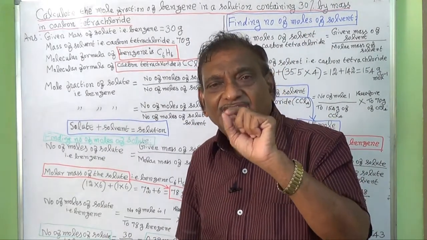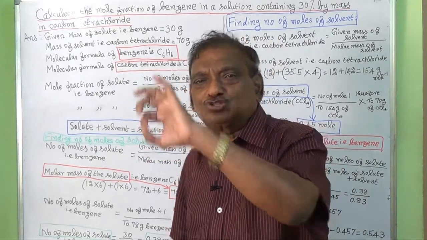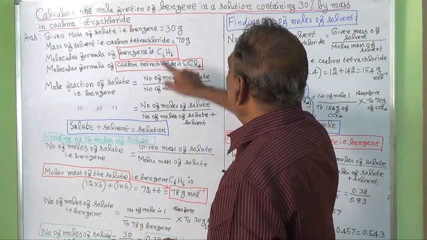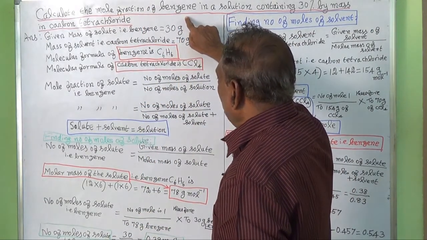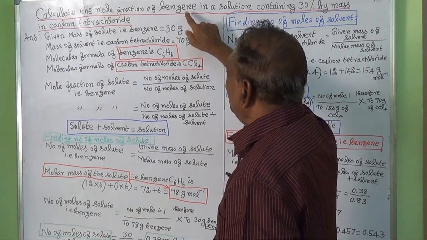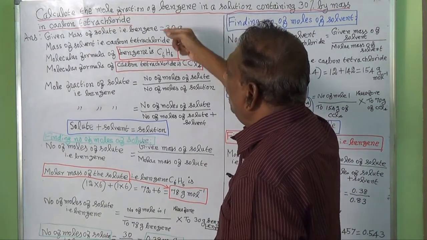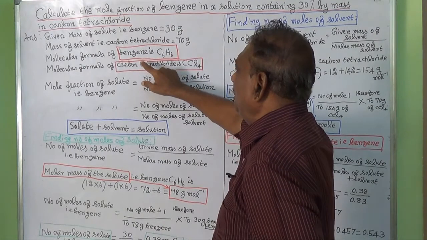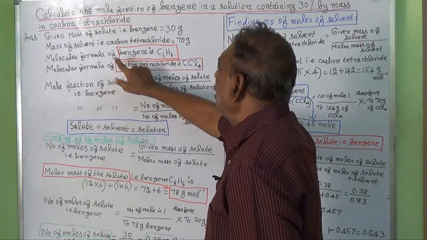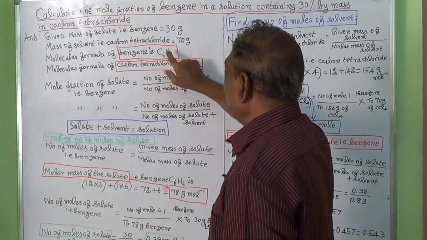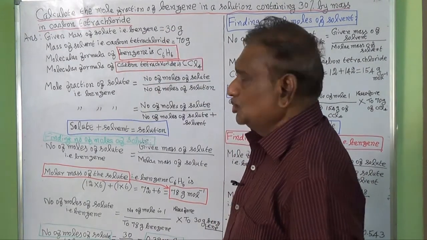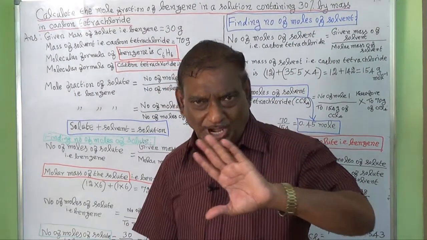Here they have given the chemical name of the solute. The name of the solute is benzene. From this information, we can write the molecular formula of benzene. The molecular formula of benzene is C6H6. So two particulars are over.